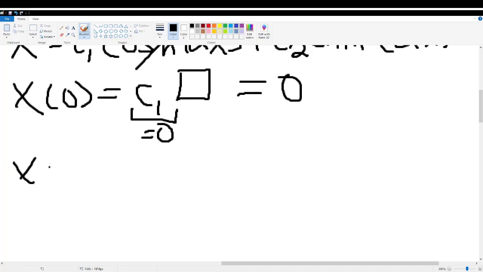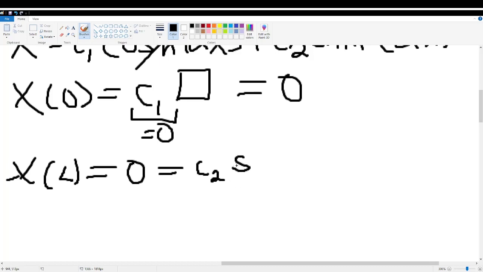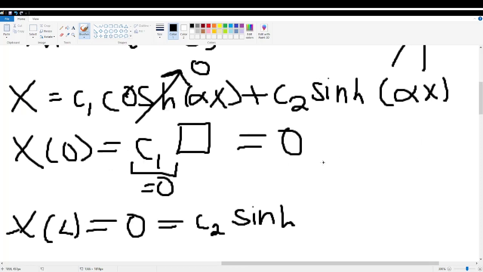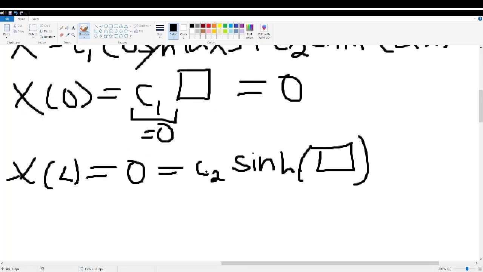Now if we plug in our boundary condition of X(L), which is equal to 0, which is equal to C2 times sinh of, well again, alpha times L is just some constant, so we don't need to worry about it. If we take a look again, one or both of these has to be 0. Let's say we don't want C2 to be 0, right? Because that would mess up our solution.